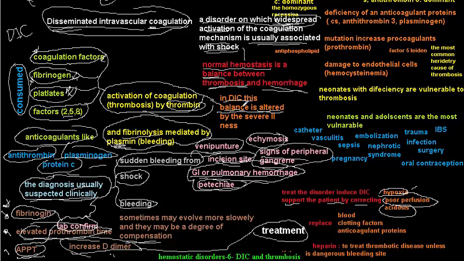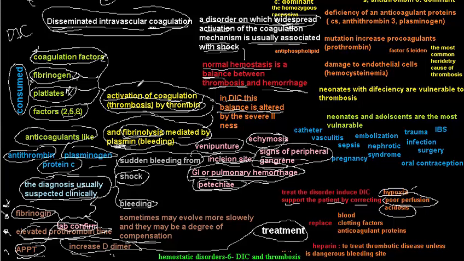We have activation of coagulation more than expected, thrombosis more than expected, and on the other side we have fibrinolysis also more than expected, mediated by the plasmin.